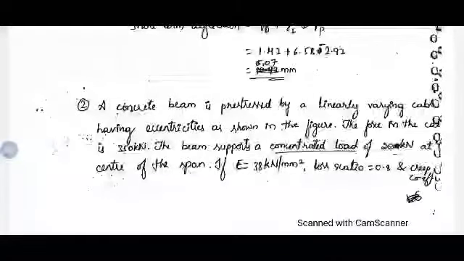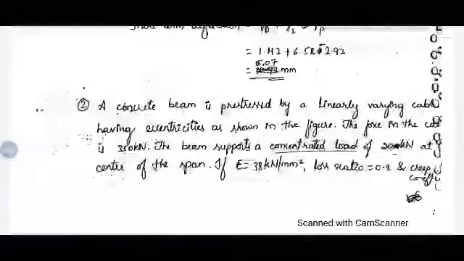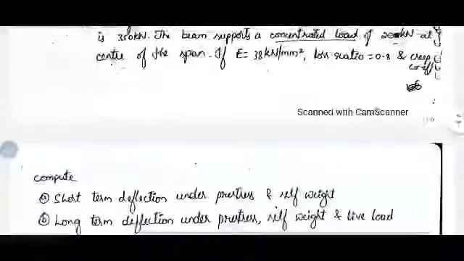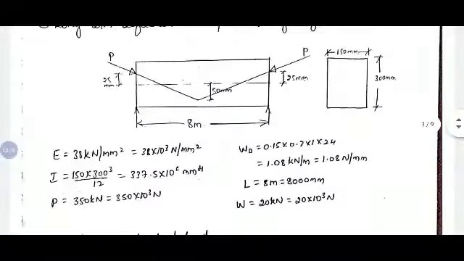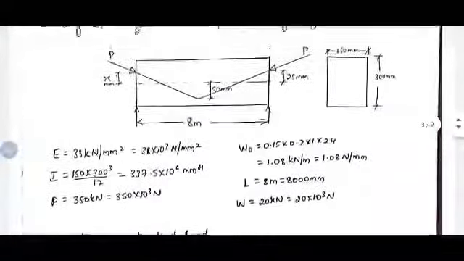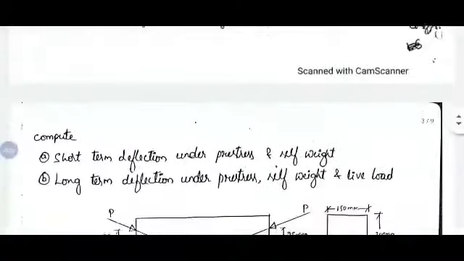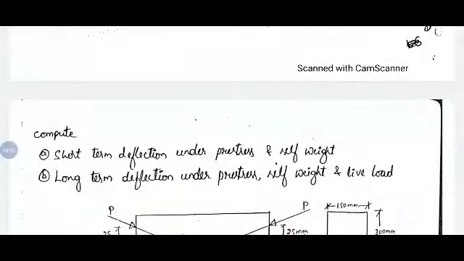If E is equal to 38 kilonewton per mm square and loss ratio 0.8 and creep coefficient 1.6, calculate or compute short-term deflection under pre-stress and self-weight, long-term deflection under pre-stress, self-weight and live load.